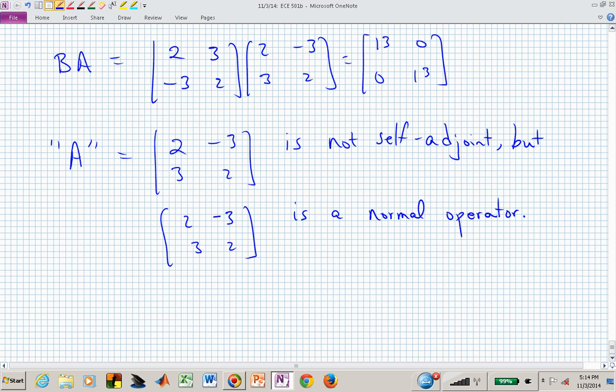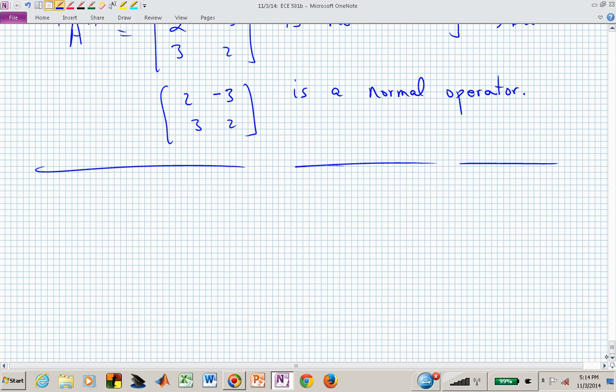Is that okay? Let's look at one more proposition related to normal operators before we have to finish.